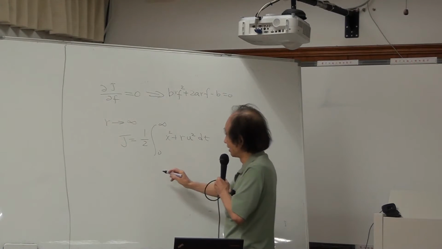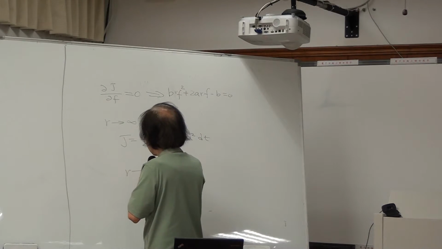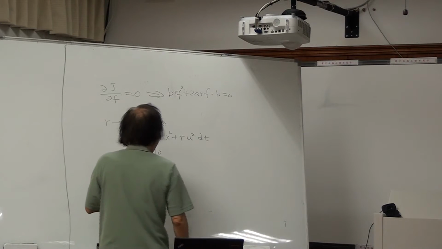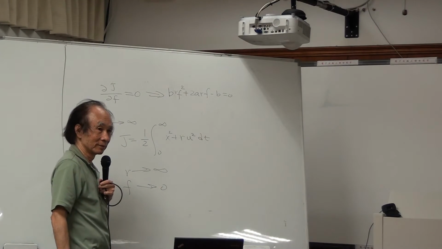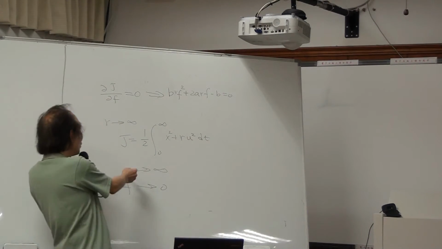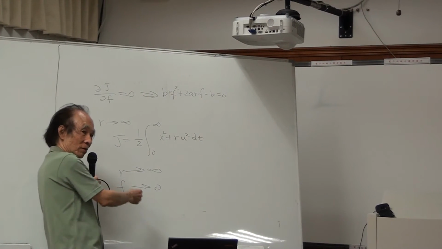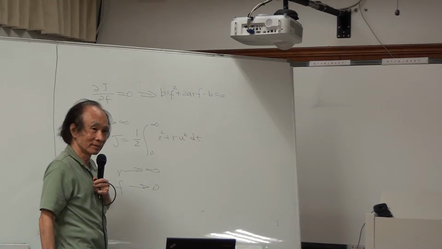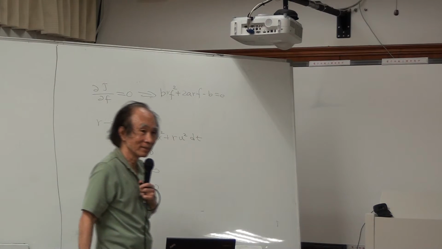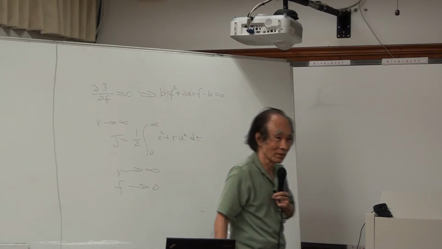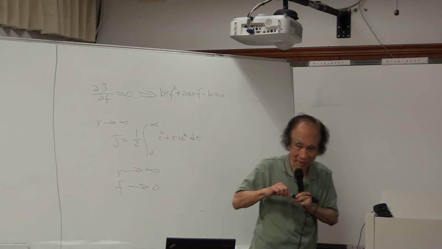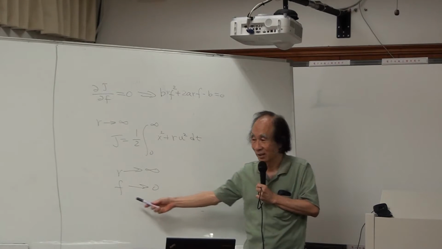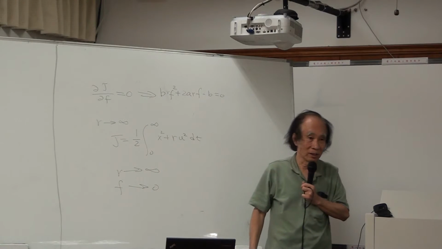So if R is going to infinity, it means your F is going to 0. The larger R, the smaller F you will have. Okay? Understand that? So when you want to have a small force, small gain, you make sure your R is large.